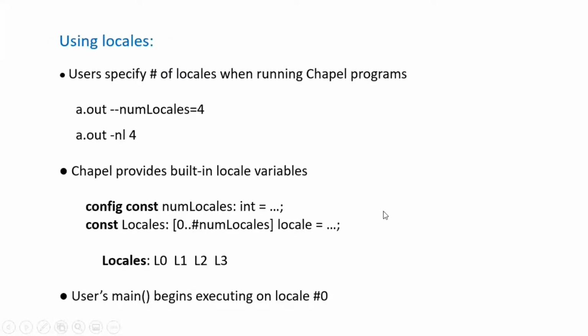Because Chapel can run jobs across nodes, it can use multiple locales. To run code on multiple locales, the user has to specify how many locales to use when running the code. With a binary, in the run command you add the flag --numLocales=4, saying you have 4 locales. That means you have CPUs across 4 nodes.